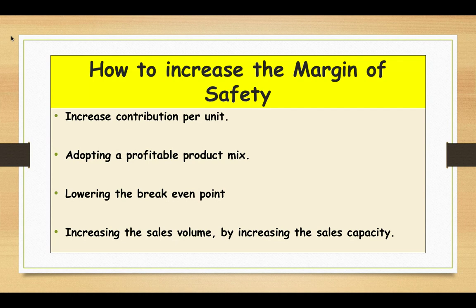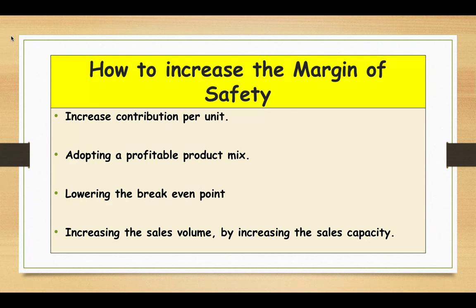The second way, by adopting a profitable product mix, companies can lower the break-even point. In order to lower the break-even point, they should try and reduce the fixed cost.